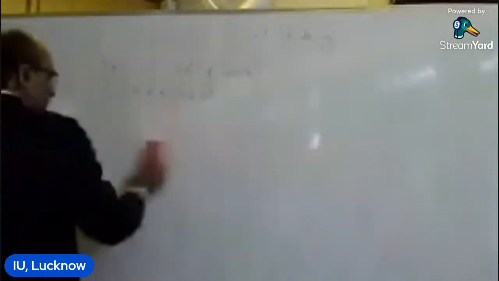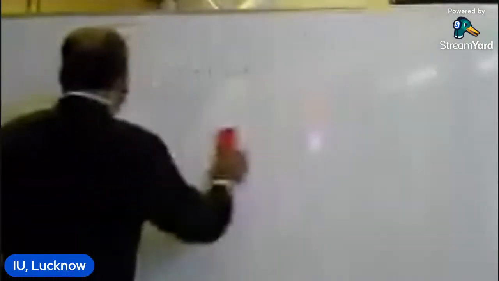So if we first take the ordinal scale data, like the merit of the student, it can be written like this.